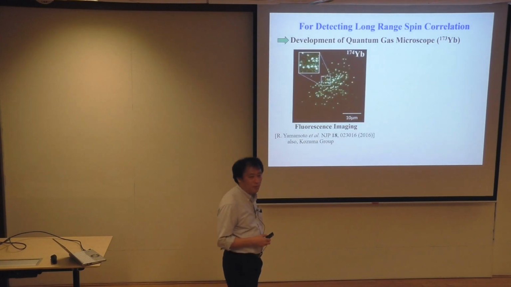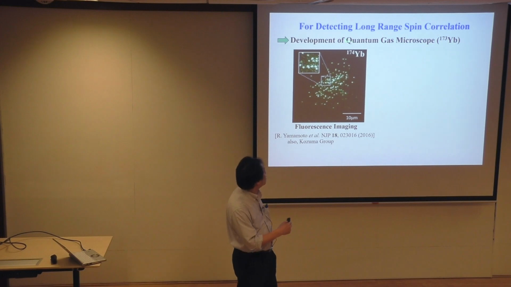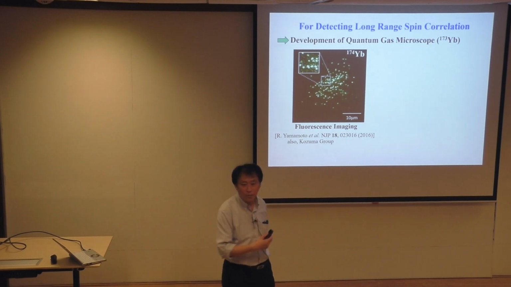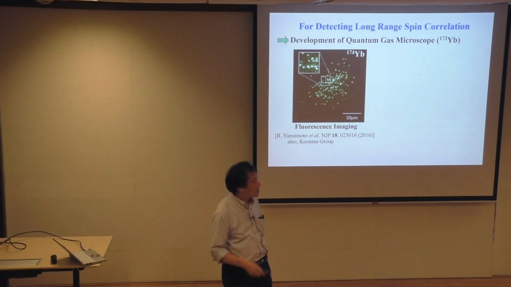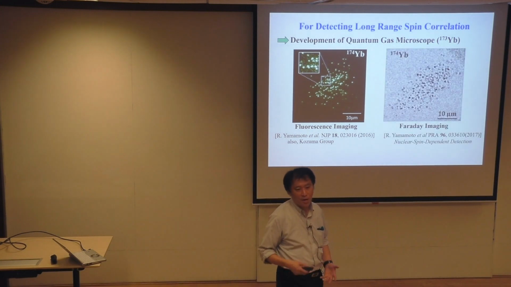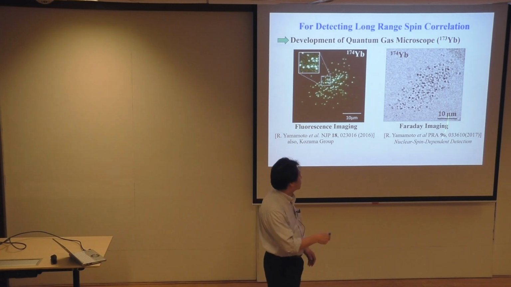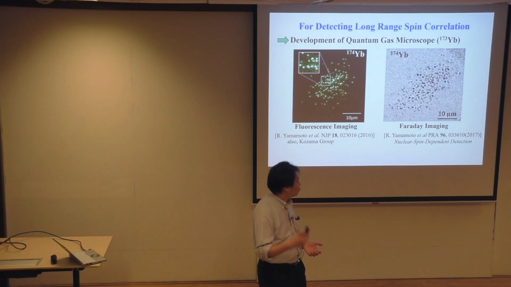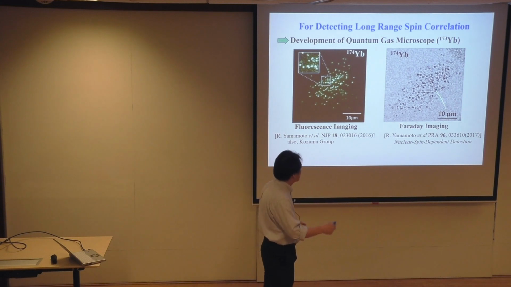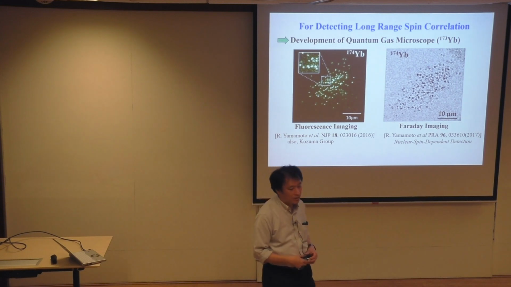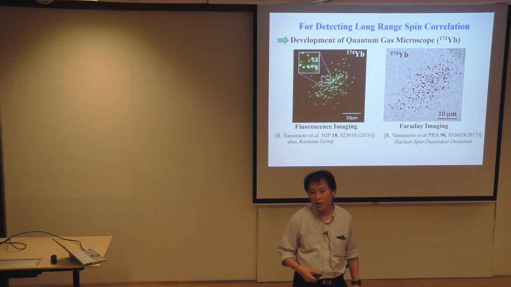In our previous experiment, we developed the quantum gas microscope for the bosonic isotope ytterbium-174 with the fluorescence imaging method and also the Faraday imaging method. This Faraday imaging method has inherent nuclear spin dependence, so we plan to apply this method to the study of SU(N) fermions in a 2D optical lattice.